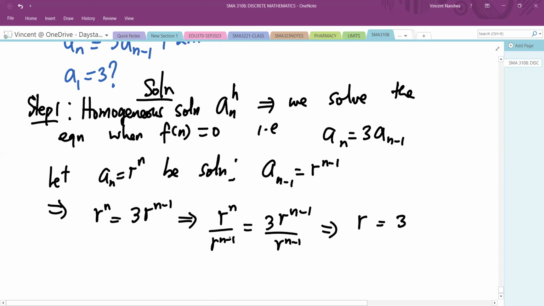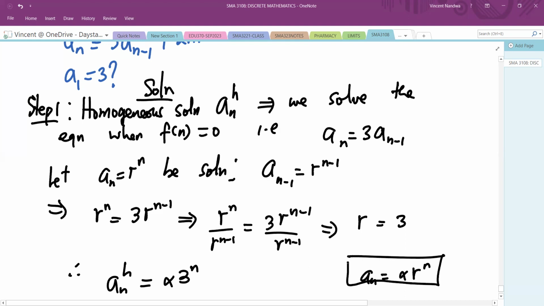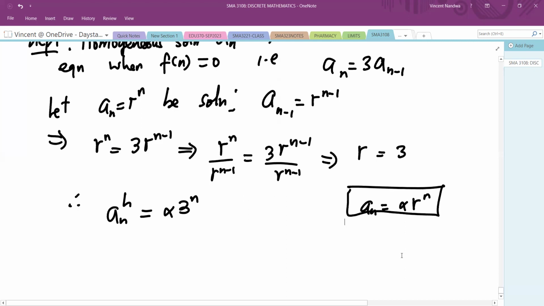So therefore, the homogeneous solution is alpha, which is a constant, times 3 raised power n. Remember, we usually write the solution as a constant times r power n for the first order homogeneous recurrence relations. So this is the first step to find the homogeneous solutions.